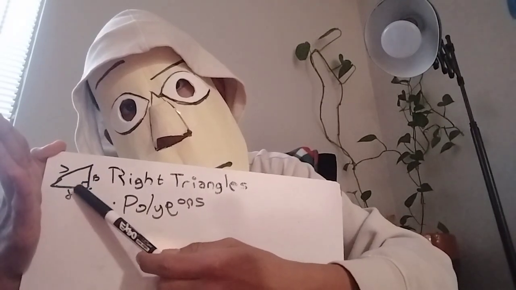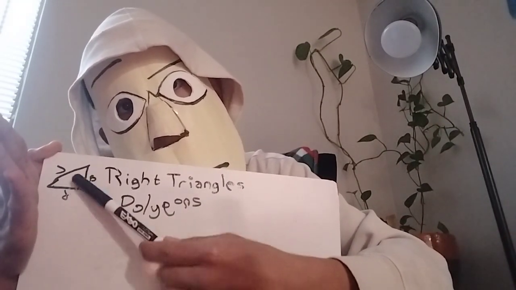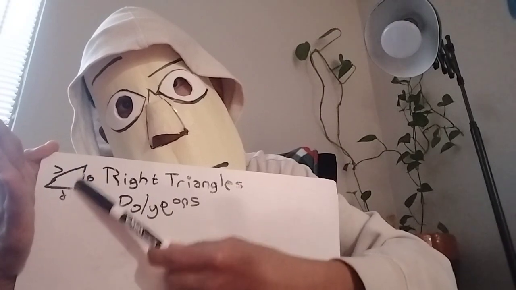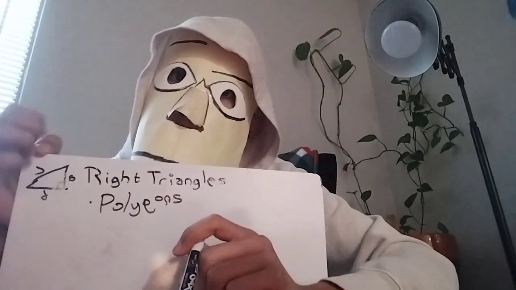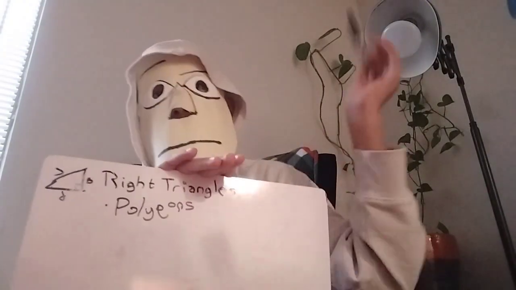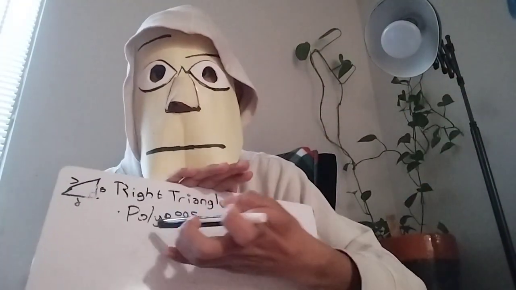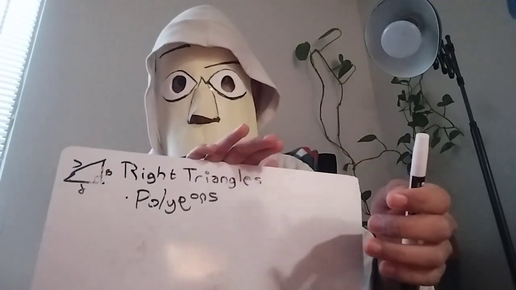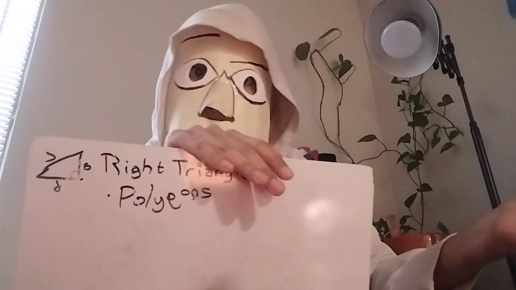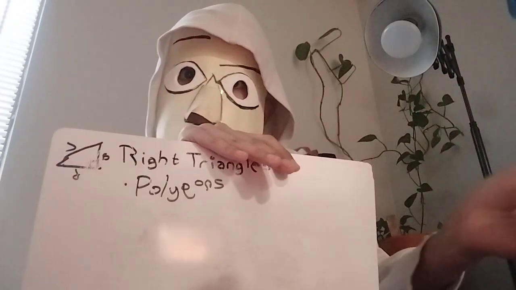But you may notice this little square right here. You might wonder, Satirmath, why is that square there? And I'm glad to explain to you why. That's what I do on this channel.